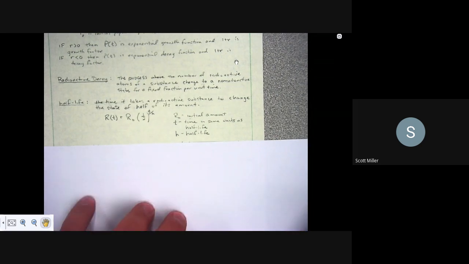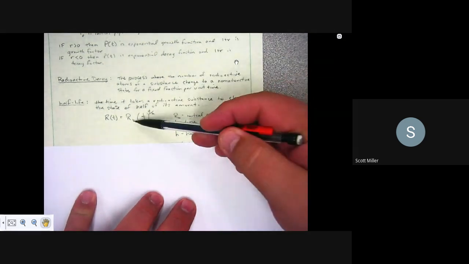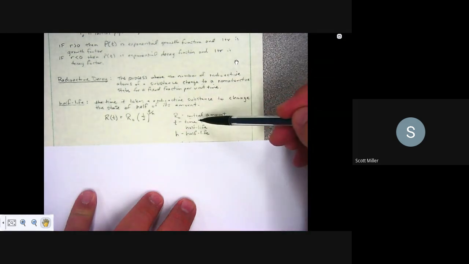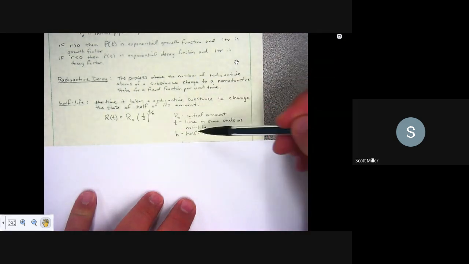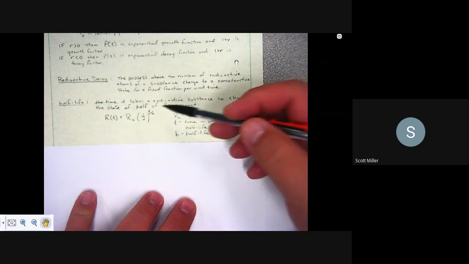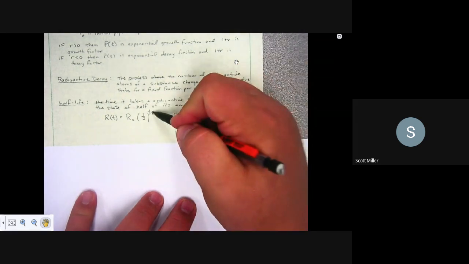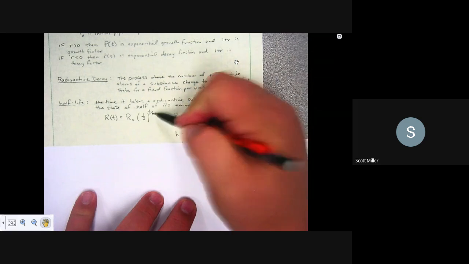So in this formula, this is a half-life. R sub 0 is the initial amount. T is time in the same units as the half-life. And H, which looks like an N in here, H is the half-life.